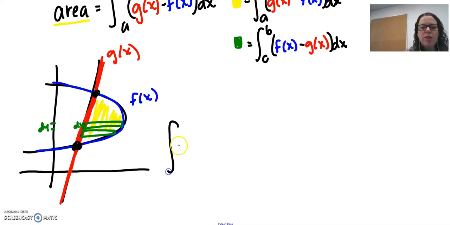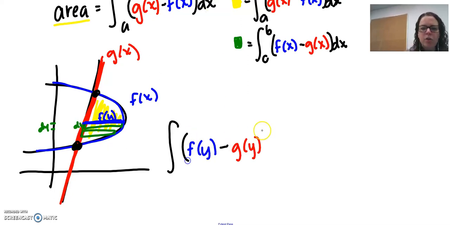So I'm going to set up just the integral for right now, and here I've got f of x, but you'll notice that this distance right here is not a function of x. It has to be a function of y. So I would have solved for x and gotten f of y minus g of y. All of that is being sliced perpendicular to the y-axis, so dy.